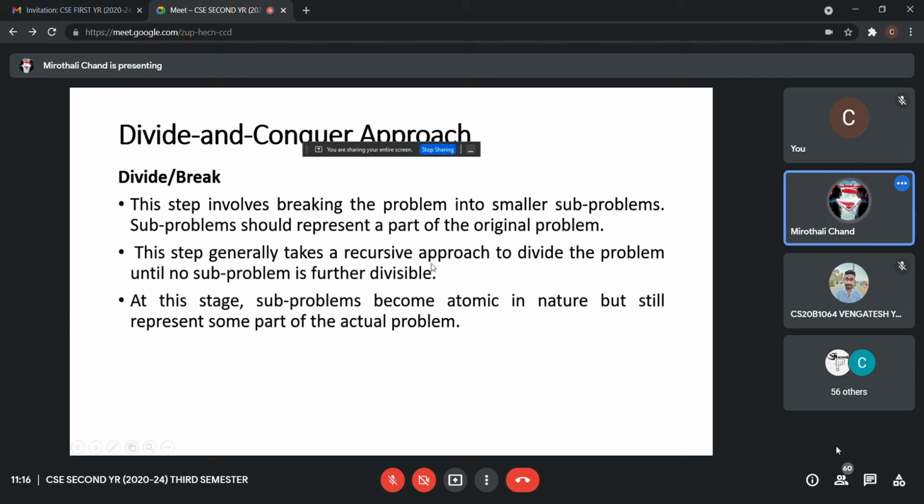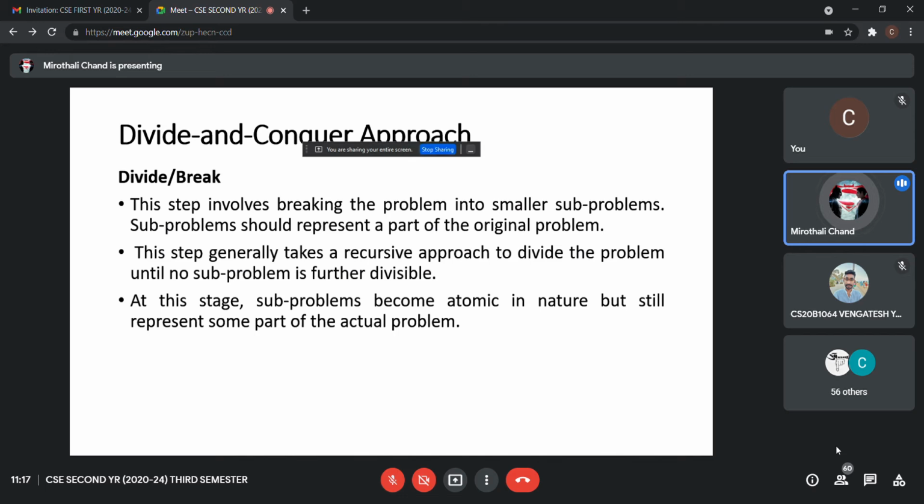In order to segregate the original problem into several subproblems, a recursive approach is followed, where the original problem is recursively divided into several subproblems until a stage comes where the problem can't be divided further. So every subproblem becomes atomic in nature, whereas it represents some part of the actual problem.